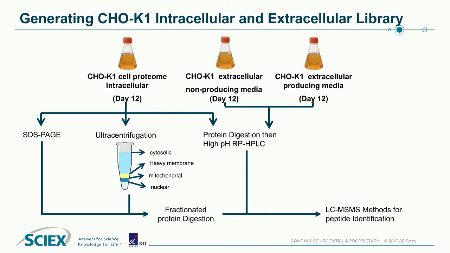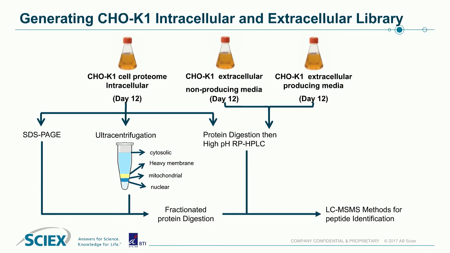With the work that we're doing with BTI in Singapore, they have been investigating how to generate large libraries for CHO-K1, both intracellular and extracellular proteins. They've used a strategy of SDS-PAGE separation, as well as ultracentrifugation to get different subcellular components, as well as peptide separation using high pH in the first dimension, as well as running single-dimension samples for both extracellular samples of non-producing and producing cell lines.